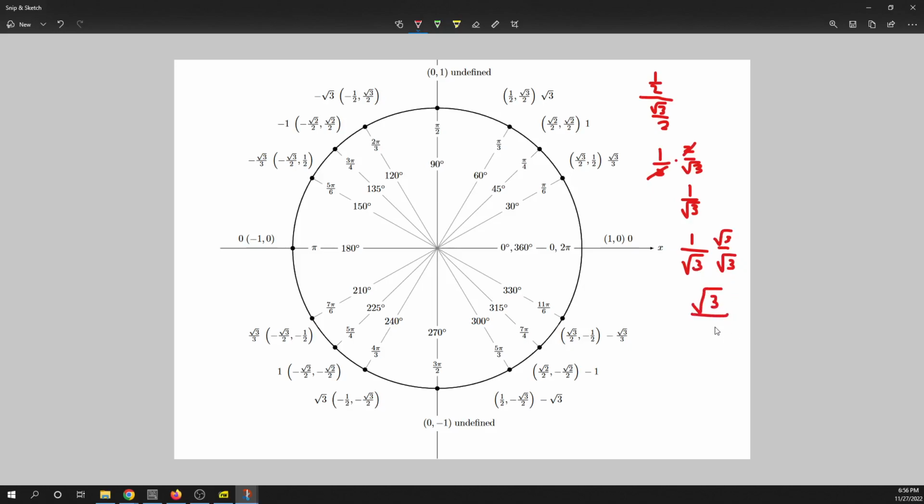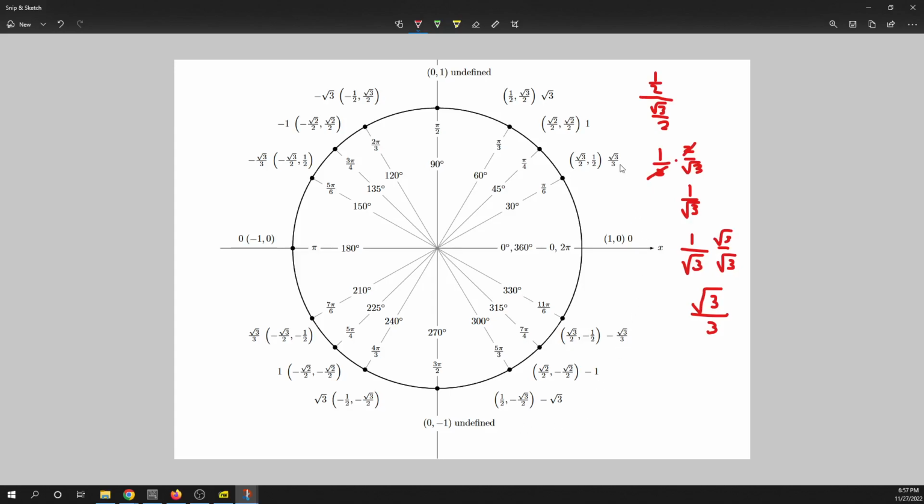Square root 3 times square root 3 is positive 3. So that's where this value comes from. And likewise, if I calculated this value, square root 3 over 2 over 1/2, and reduce that as much as possible, I get square root 3. So these are some of the values for tangent that are going to come up in these problems.